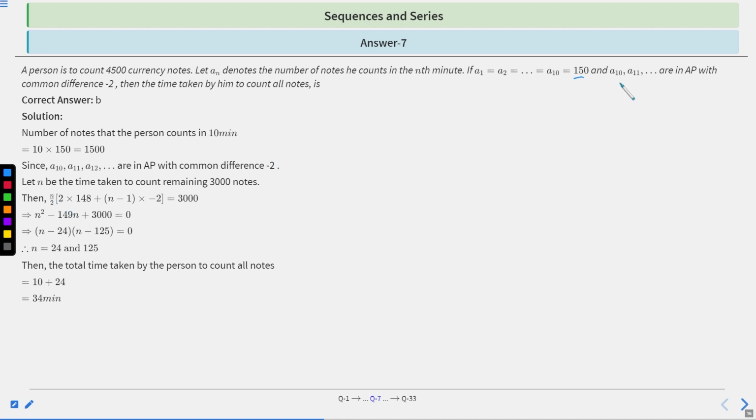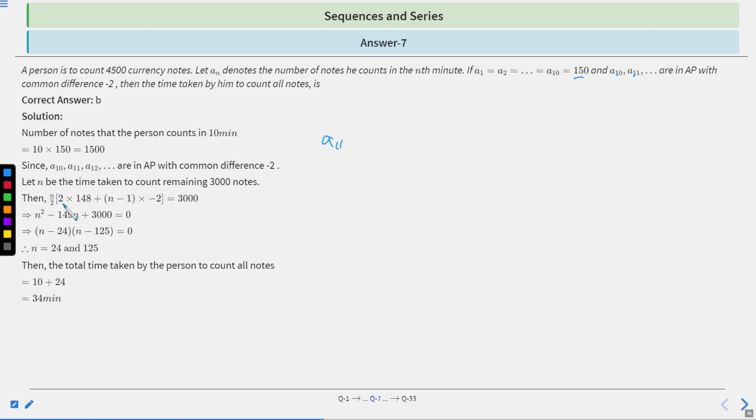So what will be A11? Since the common difference is -2, 150 - 2 is 148. So the first term is from A11, so the first term is 148.